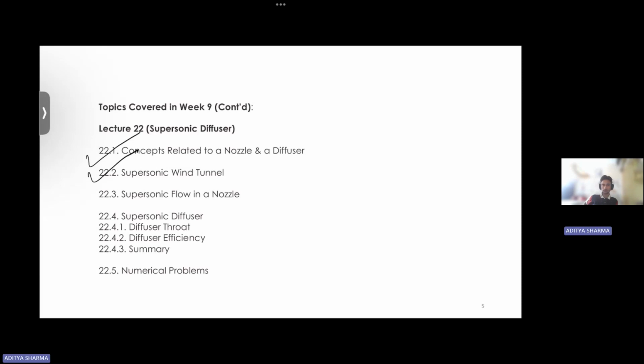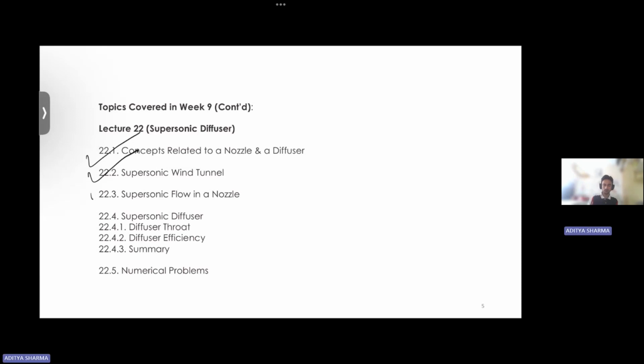I have already discussed the main components of the supersonic wind tunnel. A very nice diagram of a supersonic wind tunnel has also been given in the lectures.